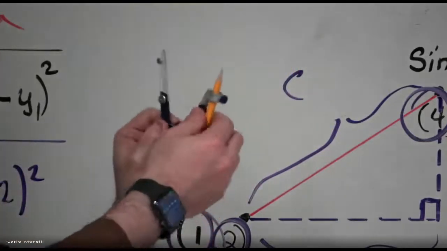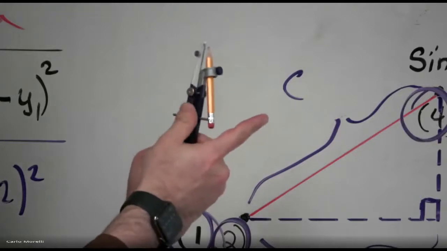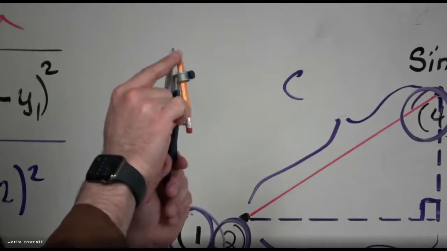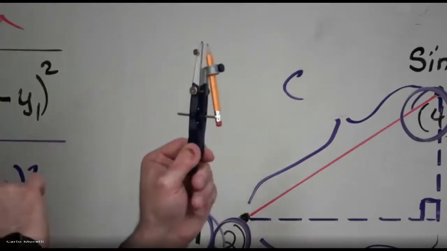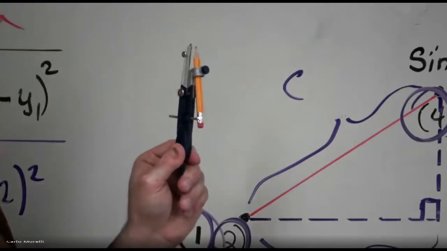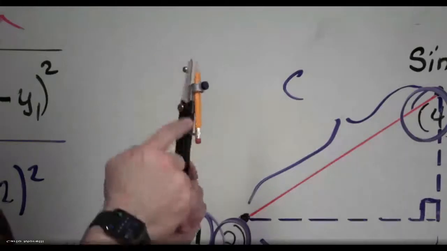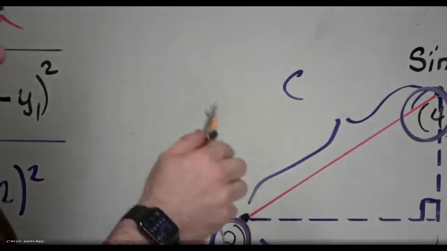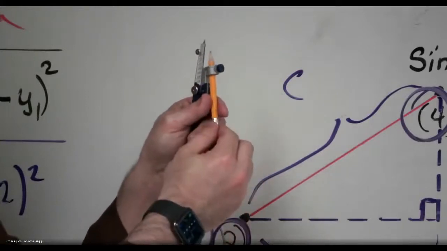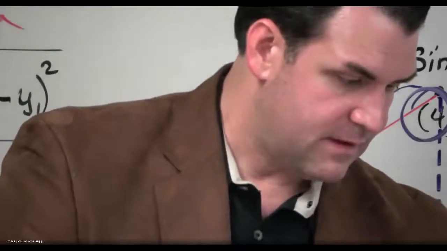Okay, now, if you put the compass together like this, the tip of the pencil should be flush with the tip of the point. You see here, this compass isn't. Not only is it not flush with the tip, but it's dull on the pencil side. So I need to unscrew this blue dial here and remove the pencil for just a second and sharpen it up.